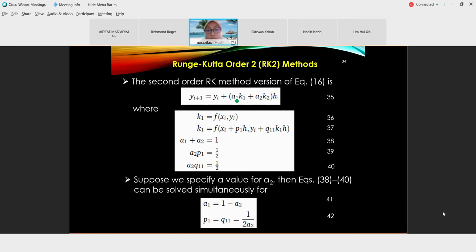By giving the values a1 and a2, you can produce the result. If the question gives a1 equals 1 and a2 equals 1, then yi plus k1 plus k2 multiplied by h.